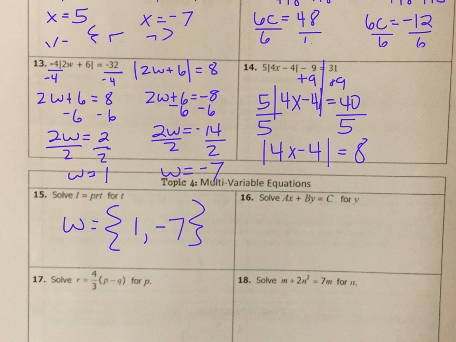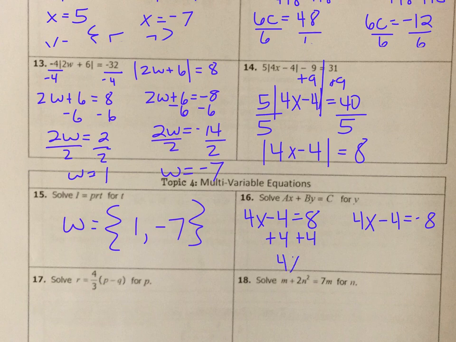Now, I've got nothing left on either side of my absolute value, so it is time to break it into two problems. So 4x minus 4 equals 8. 4x minus 4 equals negative 8. Add 4. 4x equals 12.